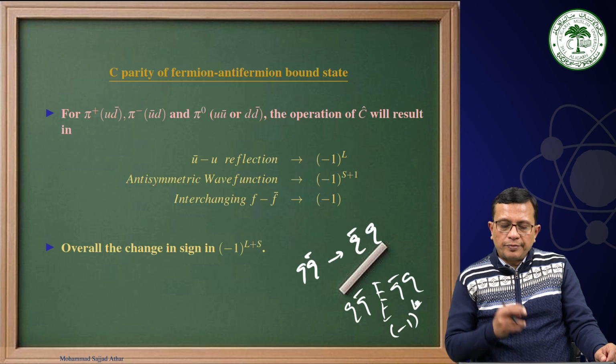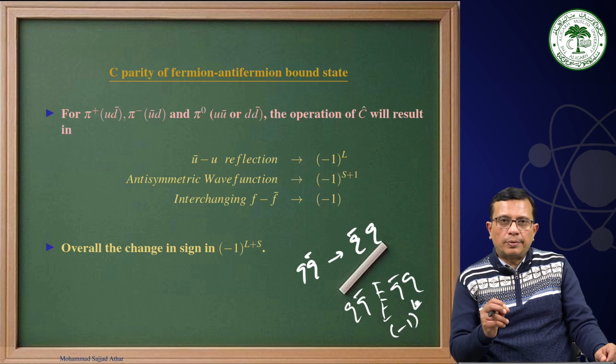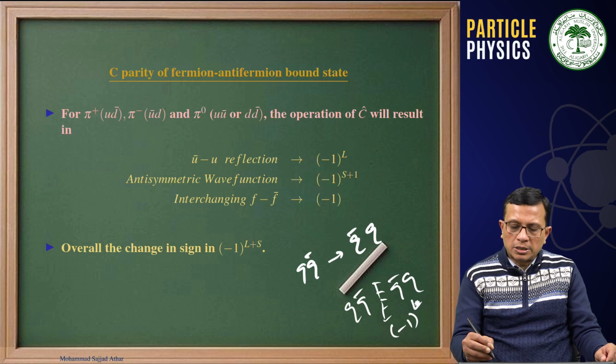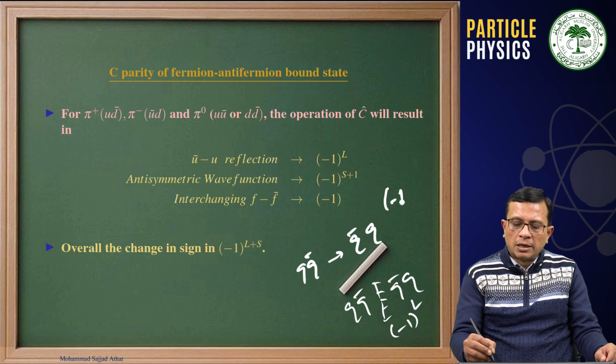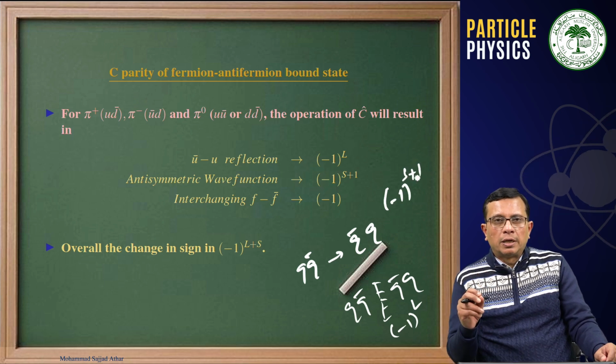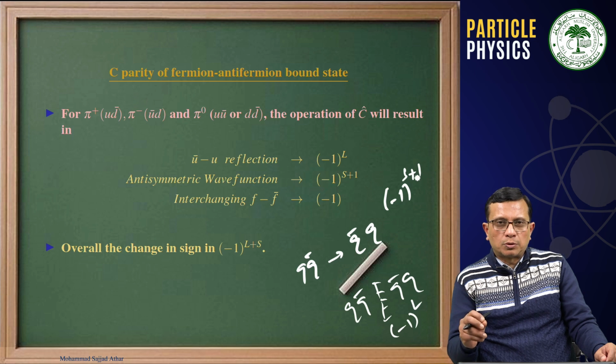And we have two fermions, which are described by an anti-symmetric wave function, and the overall symmetry of the two fermions. Yesterday we have seen that we should take a factor of minus 1 to the power S plus 1.